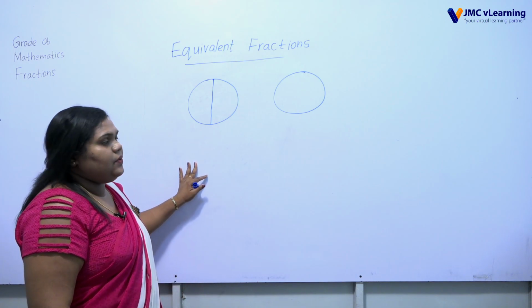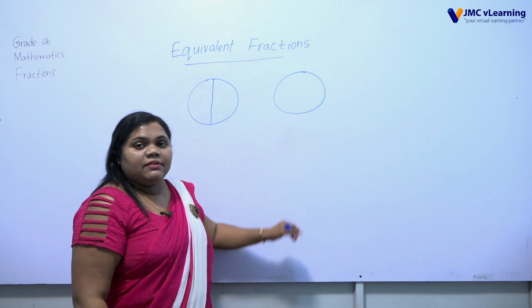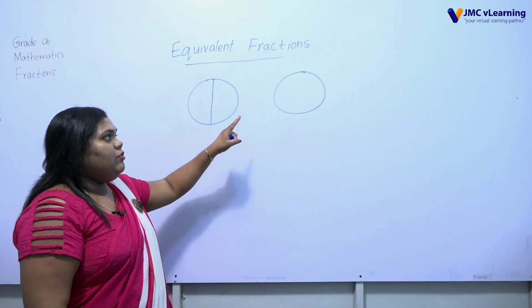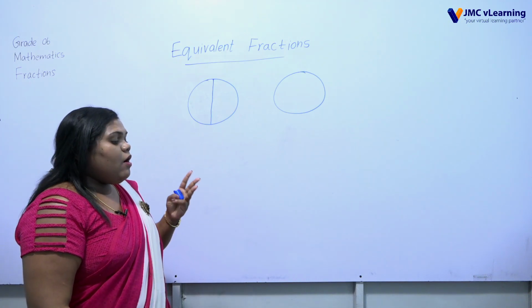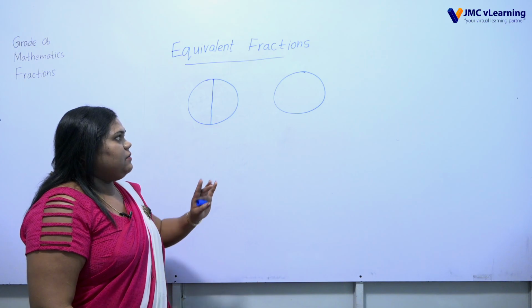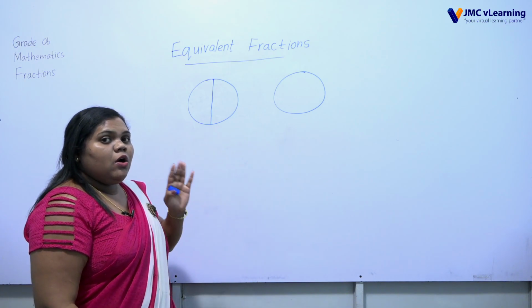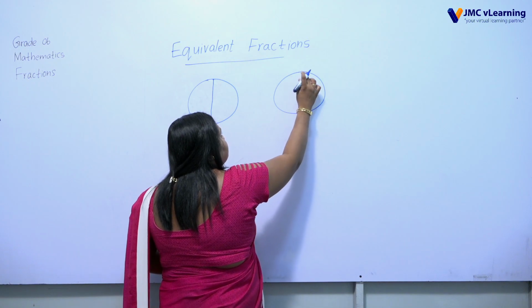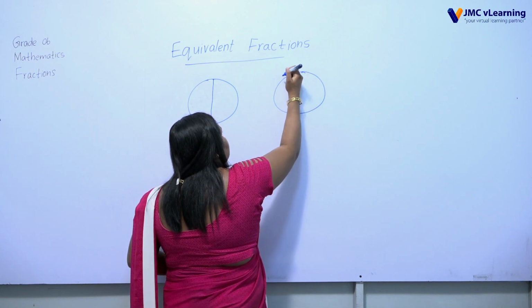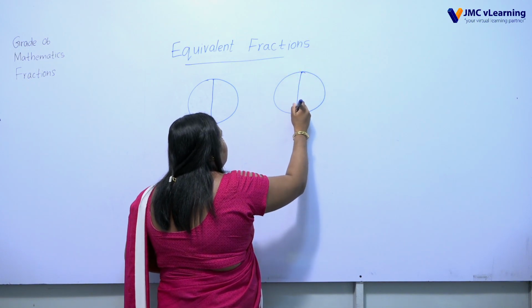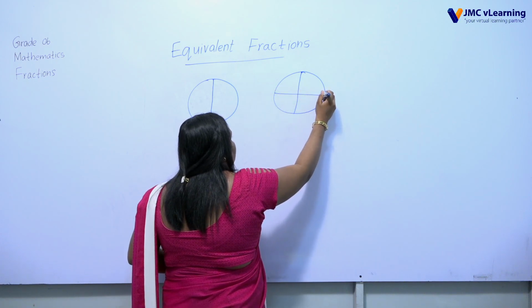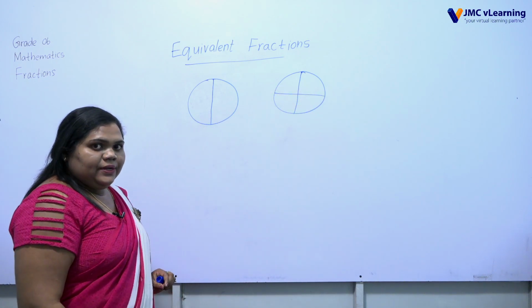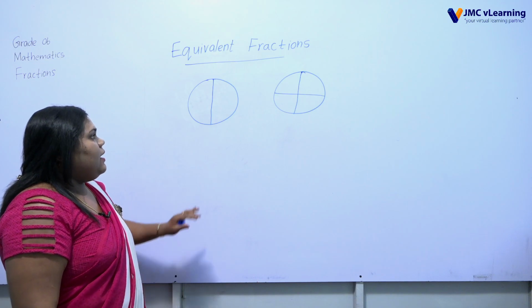Okay children? Then we have another one. We want to divide that circle into 4 parts. Are you clear children? Okay.